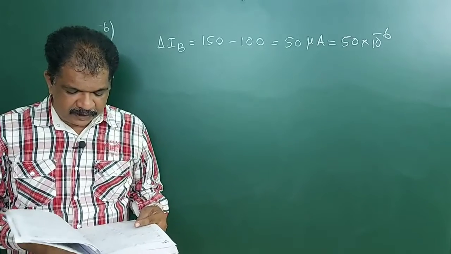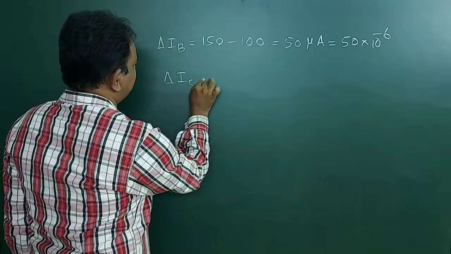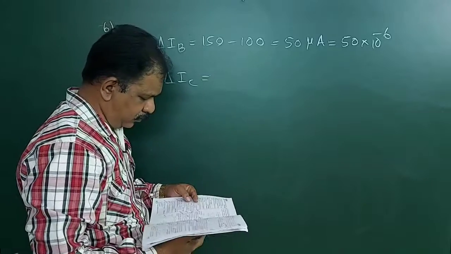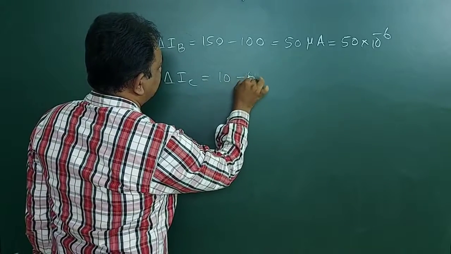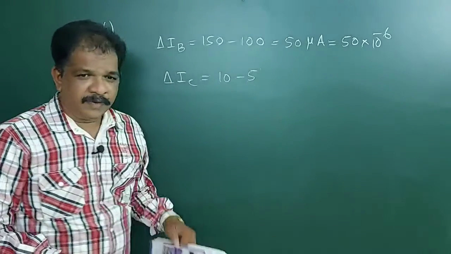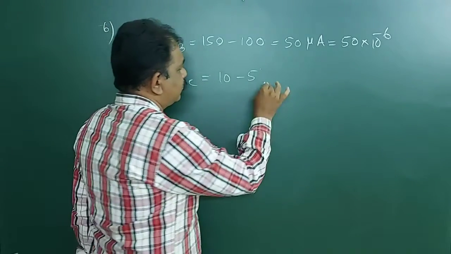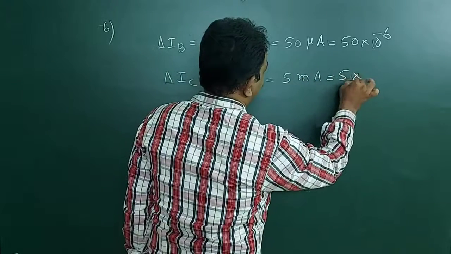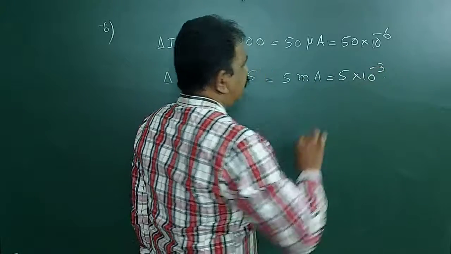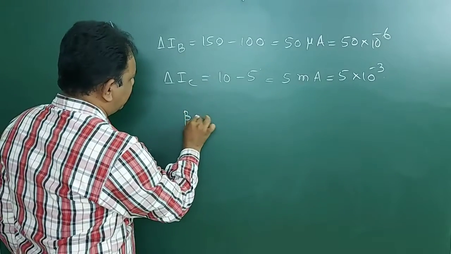Then the change in the collector current, delta IC, is equal to 10 milliampere minus 5 milliampere. 5 to 10 they gave. So this will be 5 milliampere, 5 into 10 power minus 3. What is the beta value?